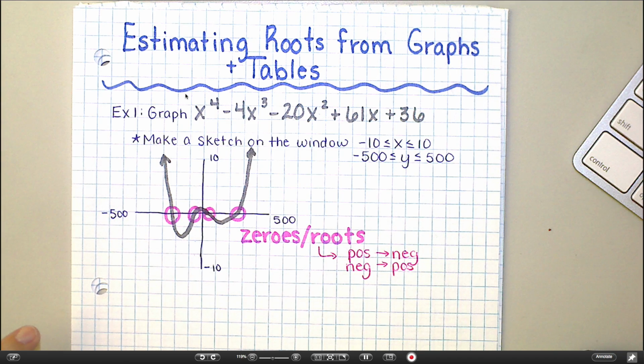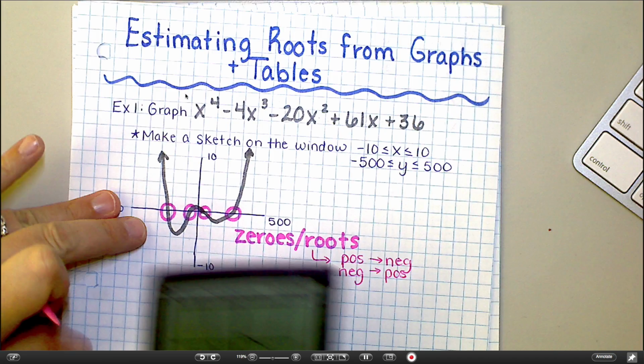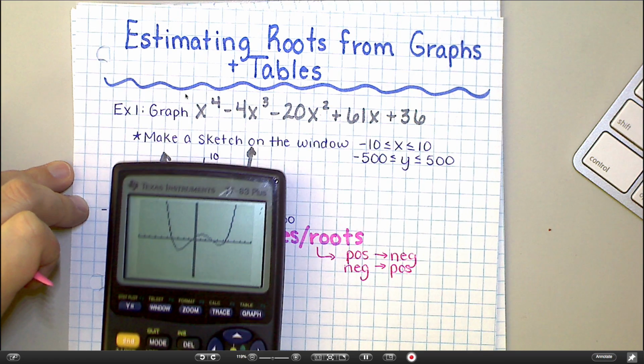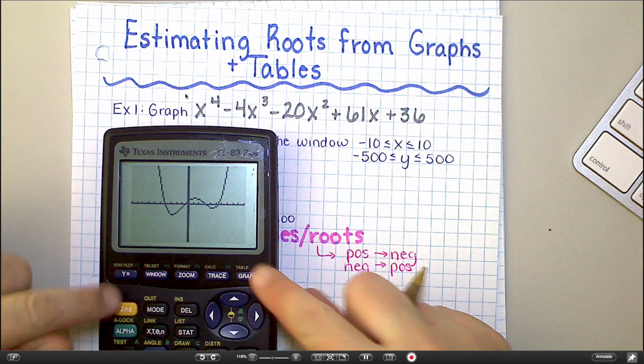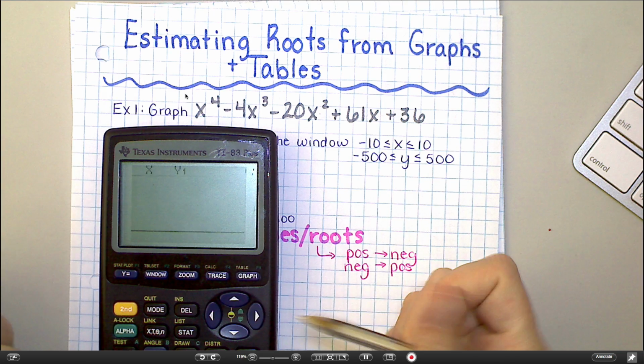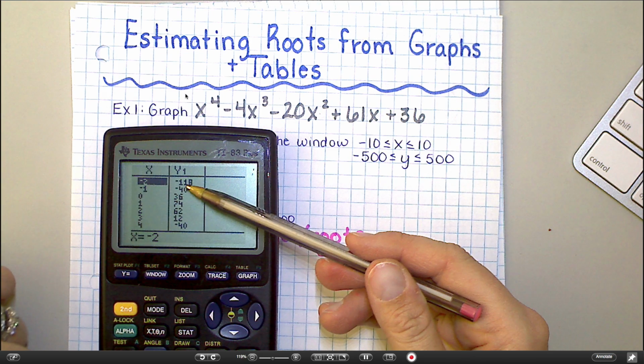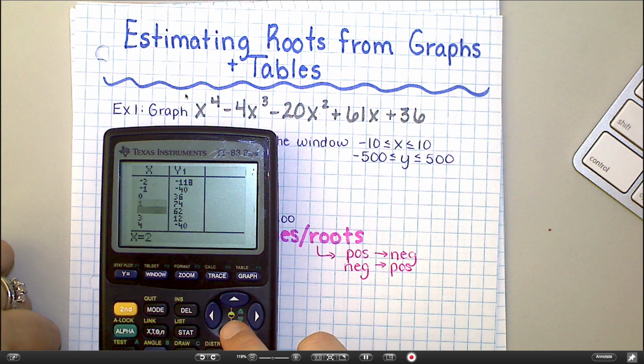And that means if I can see the values of this graph, like from your table, let's say, if I go to the table on my calculator, I can see where do I cross over from negative to positive and then again from positive to negative.